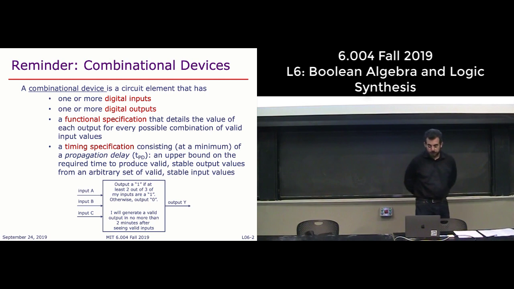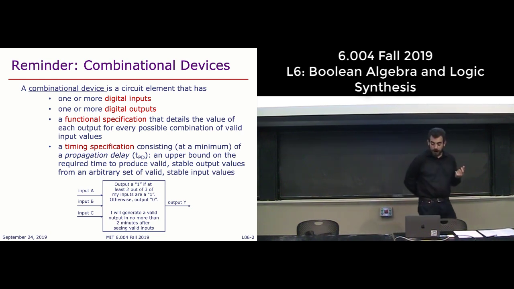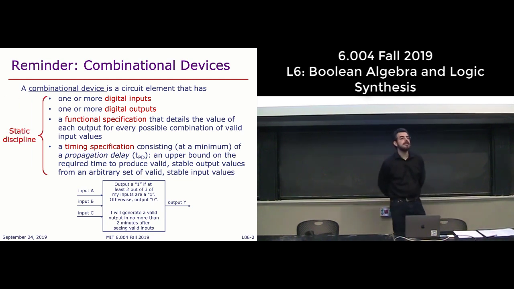And so that function needs to be precisely specified, and we'll see how to do that today. And finally, a timing specification that specifies at a minimum some upper bound on the time from the instant at which we get valid and stable digital inputs to the time at which the circuit will produce a stable and valid digital output. We call the combination of these four things the static discipline.